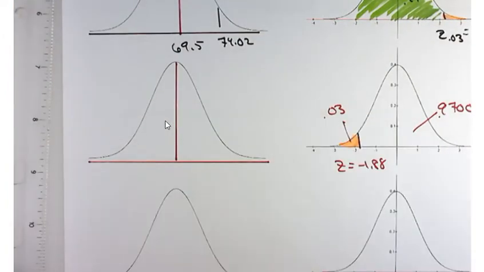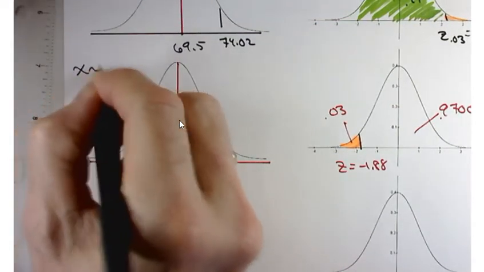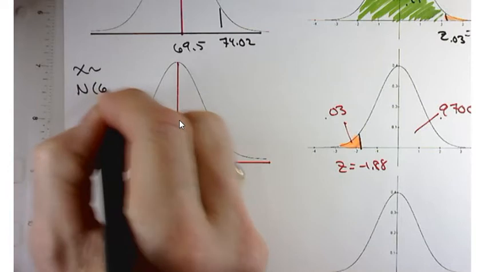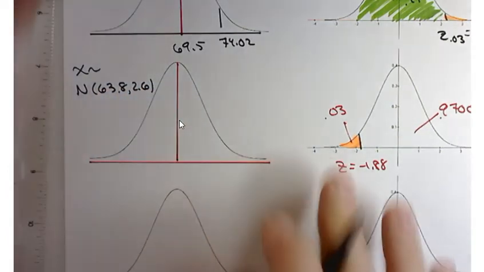As a reminder, heights of women are normally distributed with a mean of 63.8 and a standard deviation of 2.6.